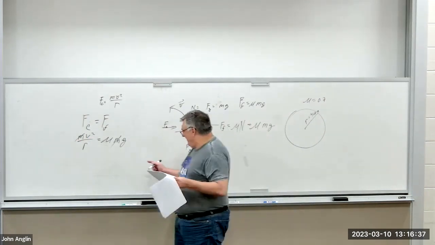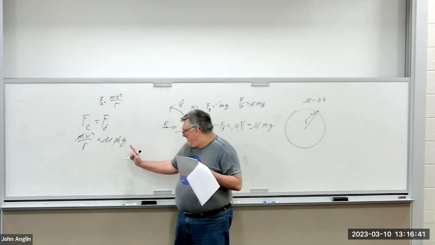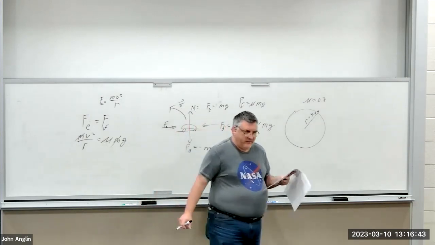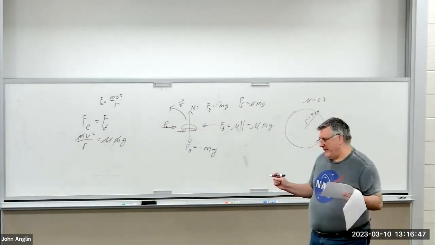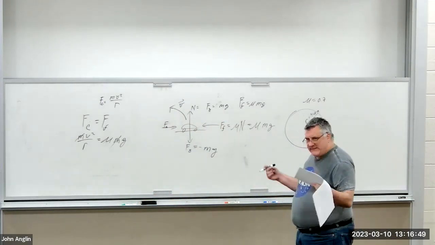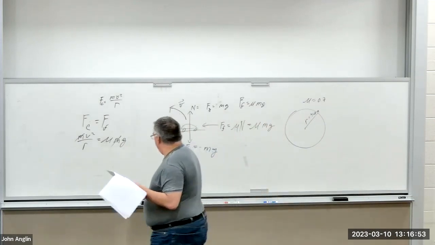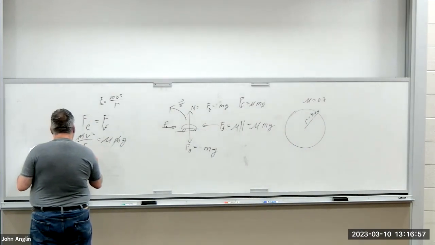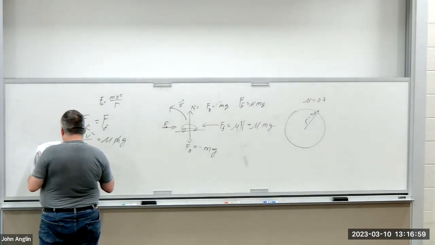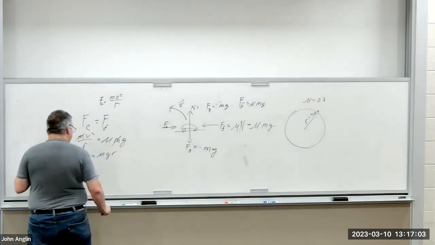That's because the centrifugal force, yes, is a function of mass, but so is the frictional force, but it's a function of the same mass, and they're on either side of the equation. So the mass in this case is effectively going to cancel. So what we end up with, just doing a little algebra, is we get a value for v squared equals mu gr.